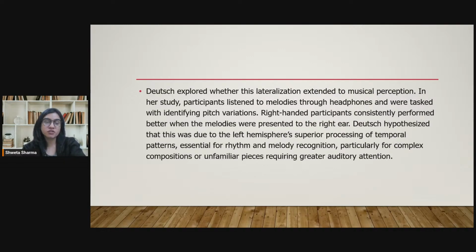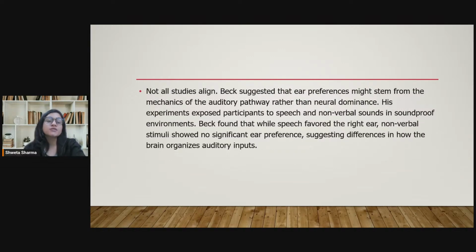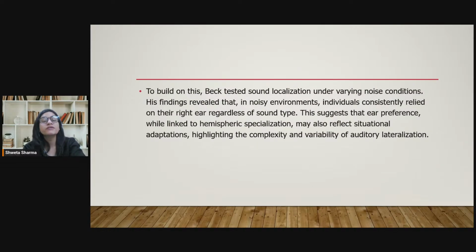Then we have Dosh, who explored whether this lateralization extended to musical perception as well, and she hypothesized that this was due to the left hemisphere's superior processing. And last of all, it says not all studies align. Beck suggested that ear preference might stem from the mechanics of the auditory pathway. Beck found that speech favored the right ear, while non-verbal stimuli showed no significant ear preference.